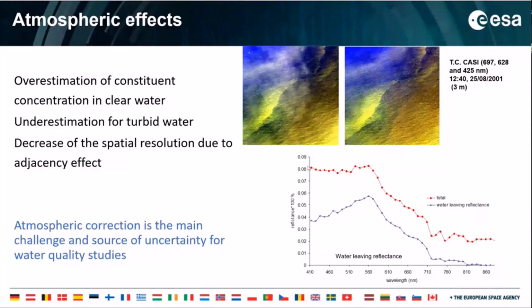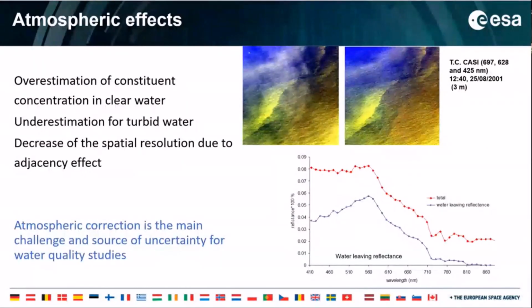And after you remove the atmospheric effect, you get the blue graph, and you could see it's about 100%. So 4% at the blue is being recorded with the atmospheric effect as double. So the atmospheric effect could double the signal coming from the water.